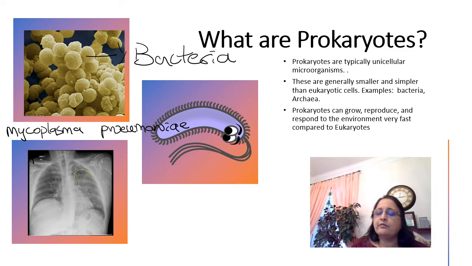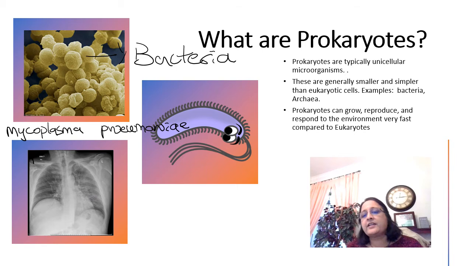So now we know what prokaryotes are. Let's see what kind of organisms fall under this category. Prokaryotes are typically unicellular microorganisms that are generally smaller in size and simpler than eukaryotic cells. Bacteria and archaea fall under this category. They belong to the Monera kingdom.